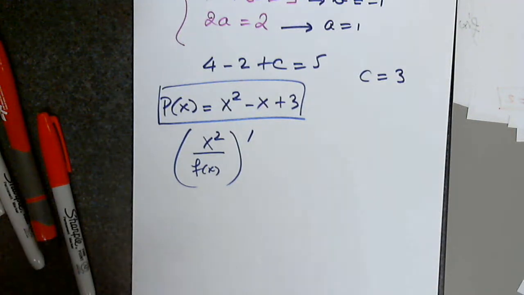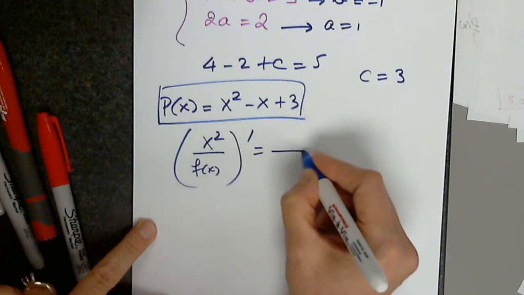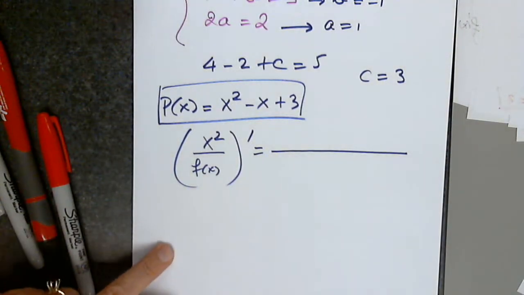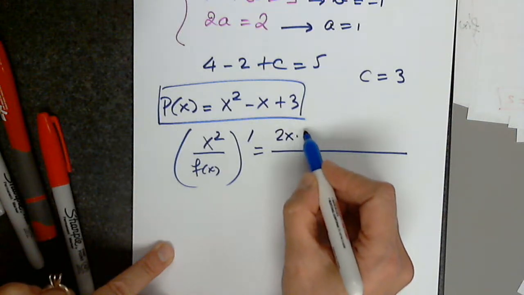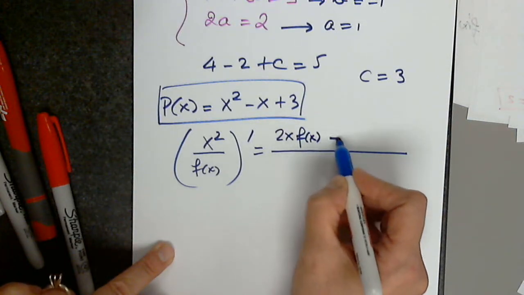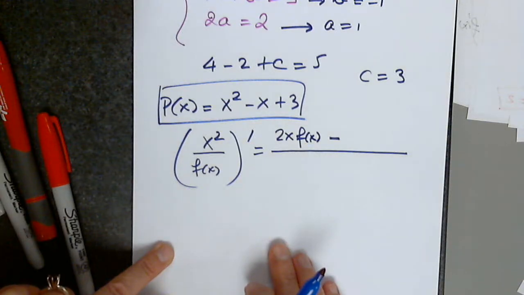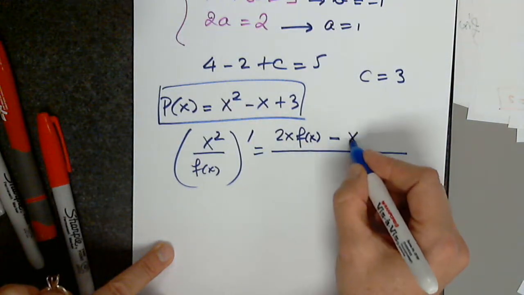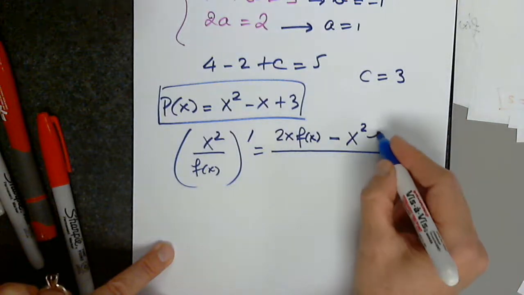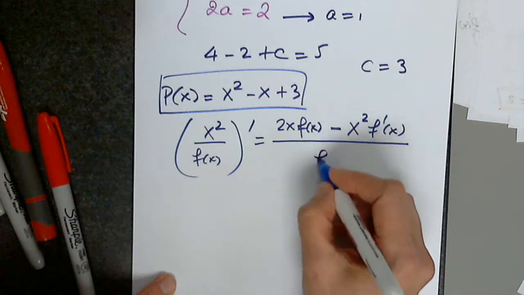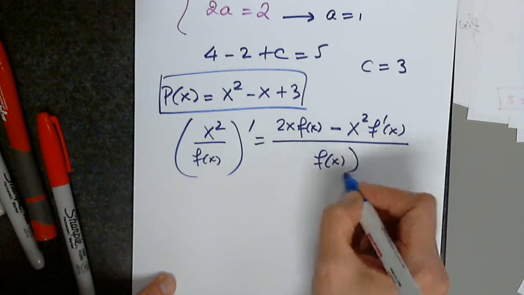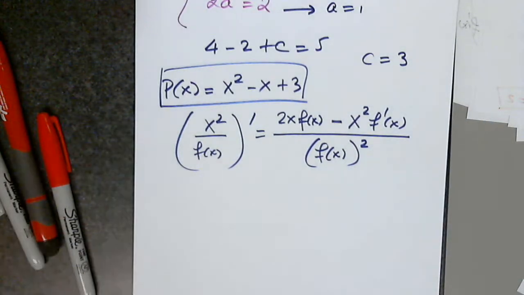Let's write the quotient rule. 2x times f of x, minus x squared times f prime of x, over f of x squared. Very good. This is it. We cannot do anything else.